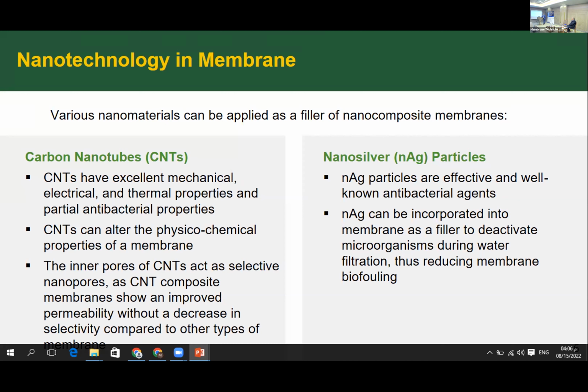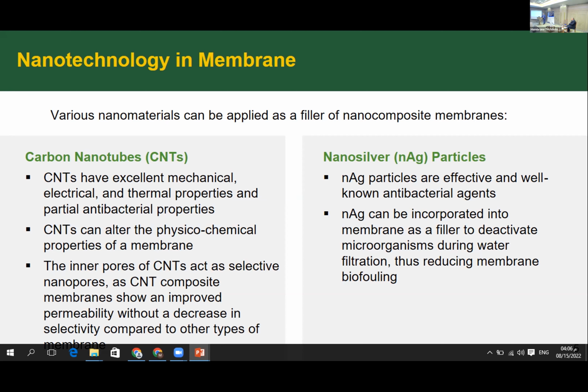They can also alter the physical-chemical properties of the membrane material, and the inner pores of the CNTs act as selective nanopores to selectively remove certain water matrix pollutants or ions, and they can also show improved permeability without a decrease in the selectivity of the membrane material compared to other types of membranes.